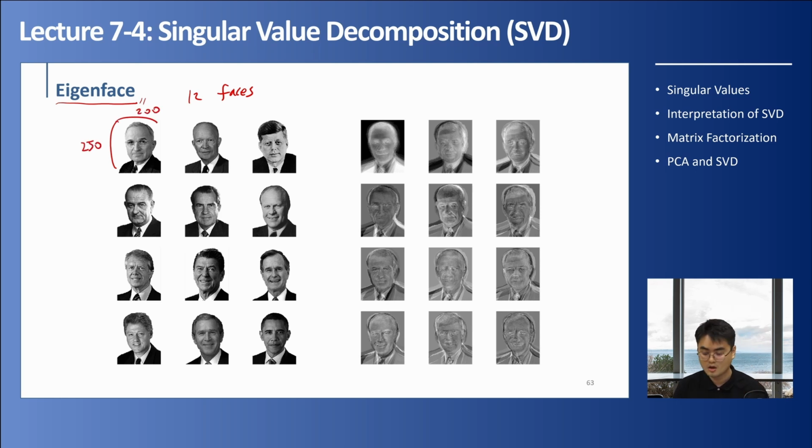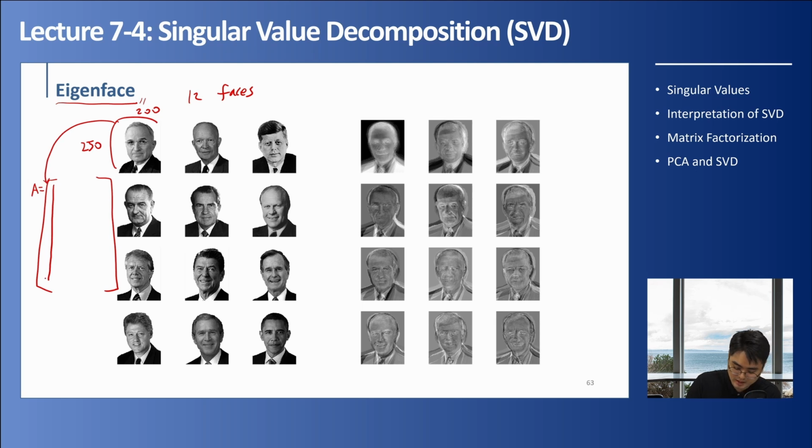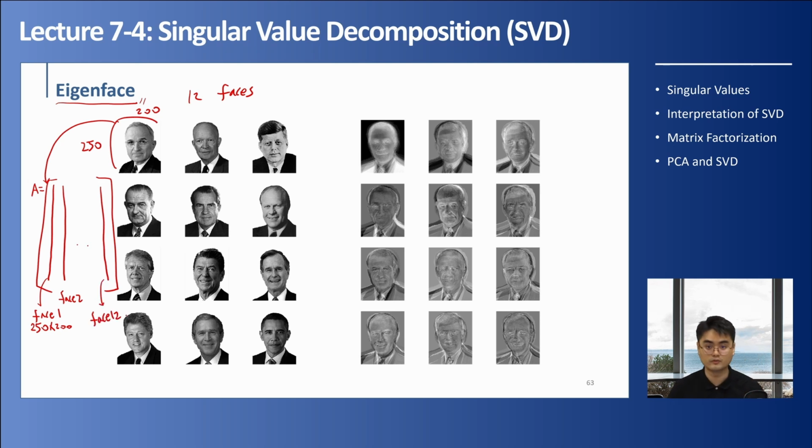What we do is form a matrix A with all of the faces. However, we vectorize each face, so this 250 times 200 face becomes a long column with the size of 250 times 200. Face 1, face 2, until face 12.